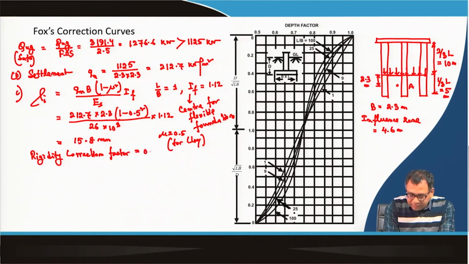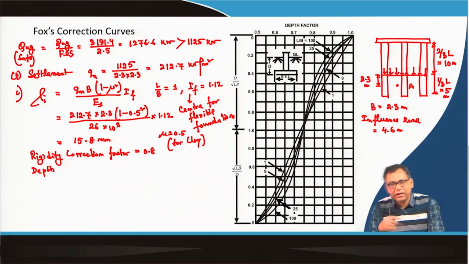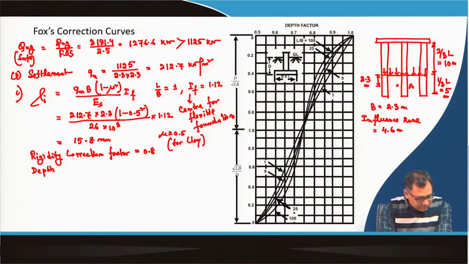The rigidity correction factor is 0.8 because we have taken the If for a flexible foundation at the center, and the depth correction factor for the immediate settlement, and for the consolidation settlement there will be a pore pressure correction also. So, what will be the depth correction factor?